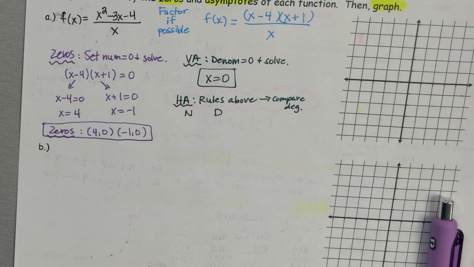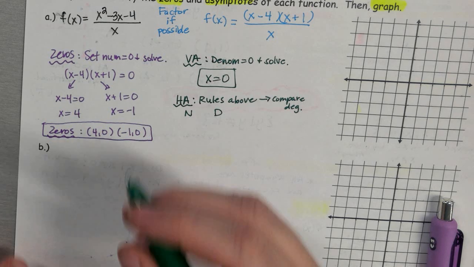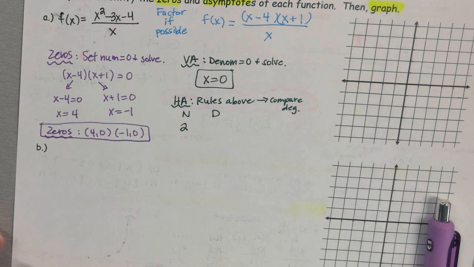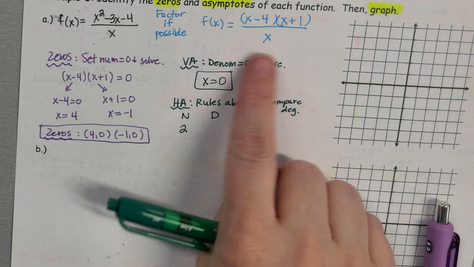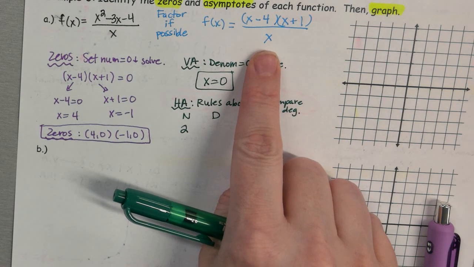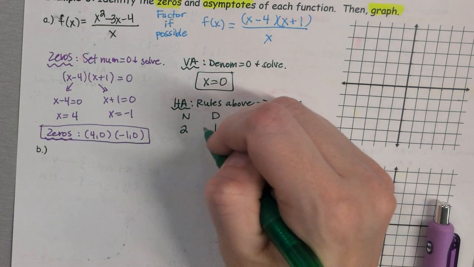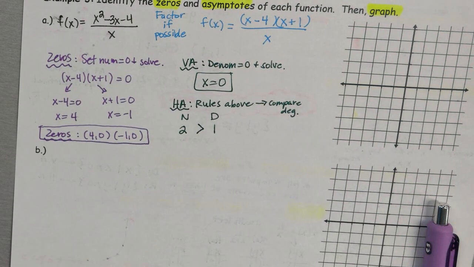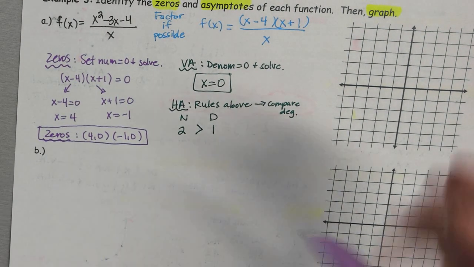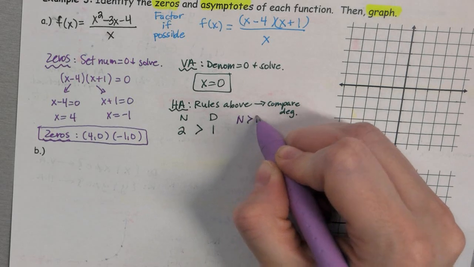What's the degree of the numerator? 2. Yep, highest exponent is 2. Okay. And then what's the degree of the denominator? 1. So 2 is obviously bigger. So we have the numerator is greater than the denominator.